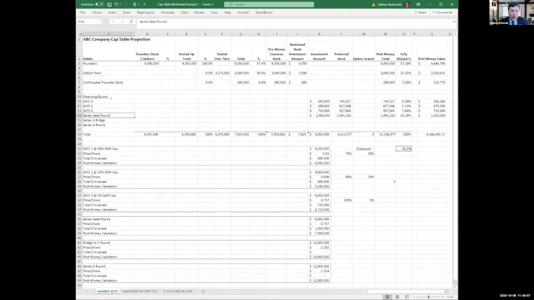They were trying to figure out how to get all this converted and get a Series Seed round done. This spreadsheet provides the opportunity to put in all the financing and the founders, account for all the shares, and then look at what the post-money valuation of the whole exercise will be upon completing the different rounds of funding.